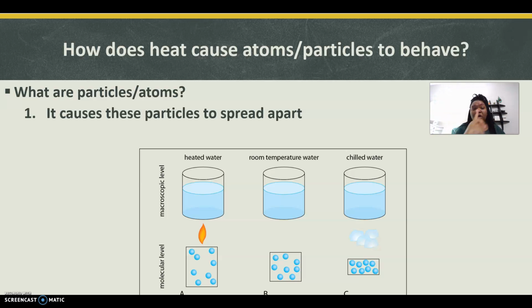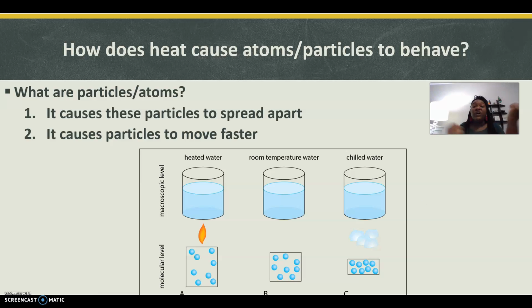So it's important for us to know that the first way that atoms will behave when they're exposed to heat is that those particles will begin to spread apart. Another thing that will happen is it causes those particles to also move faster. Yes, as those particles spread apart, they also start to move faster.